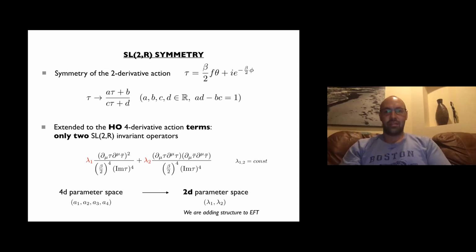So the four-dimensional parameter space goes to a two-dimensional parameter space, where lambda 1 and lambda 2 are related to some combination of A1, A2, A3, and A4. So basically we are technically adding structure to our effective theory.